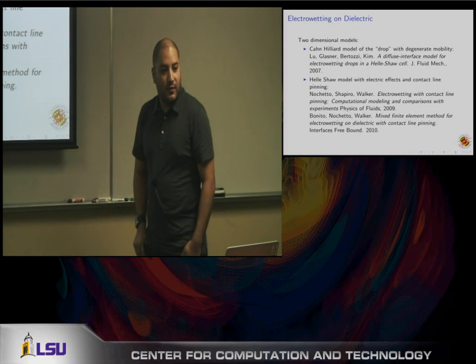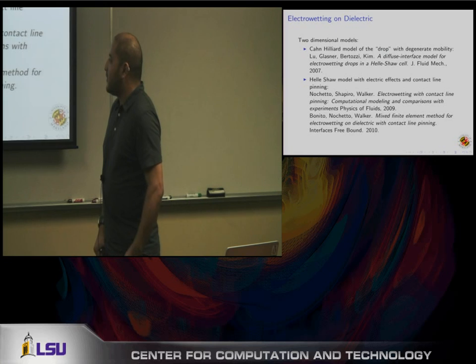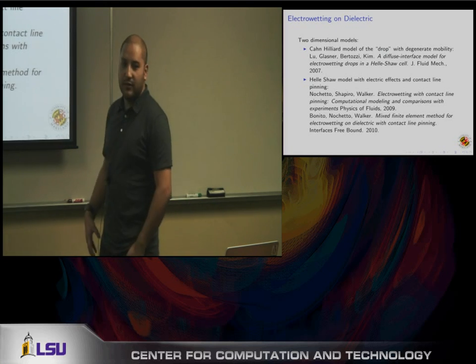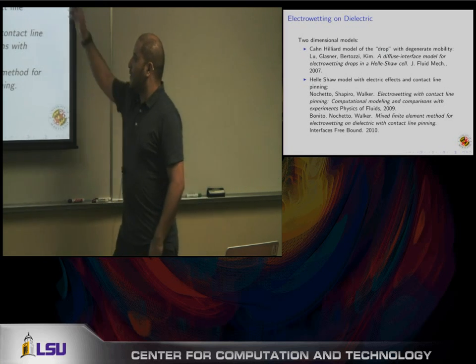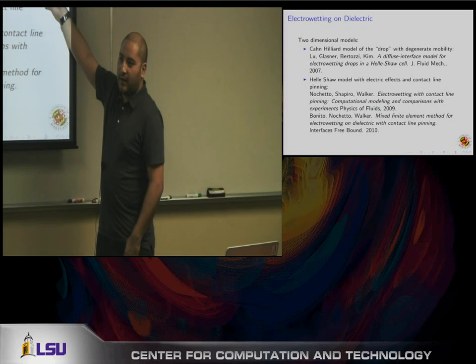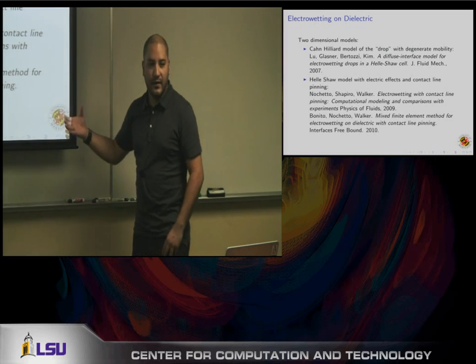John, back in the days when he was a PhD student, worked on this too, and he also proposed a model that, instead of having a diffuse interface or a Cahn-Hilliard model, had a sharp interface.